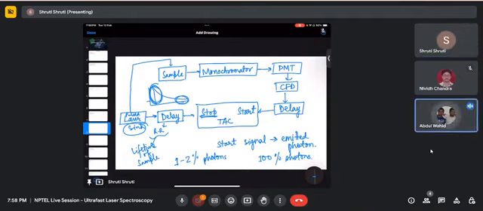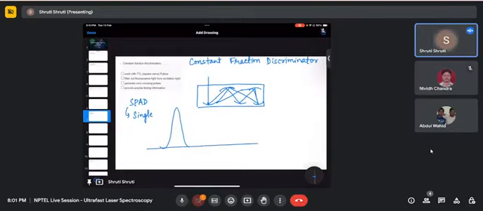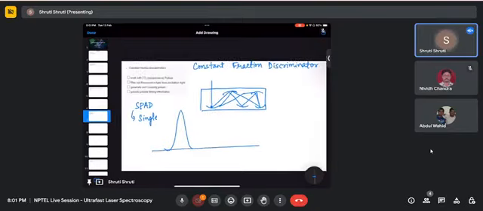If you neglect it, this is chi-square by n, and chi-square is proportional to n, so it should be n by n, equal to 1.